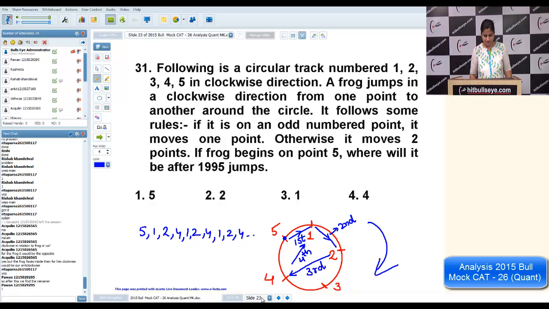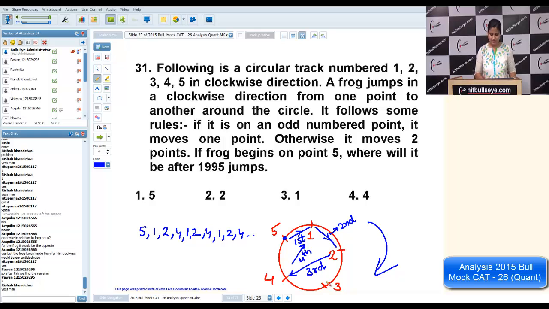Yes, Pavan. No, actually not the remainder. See the sequence of 1. This is the second term. This is the fifth term. This is the 8th term and so on.